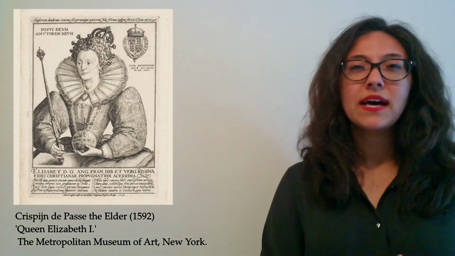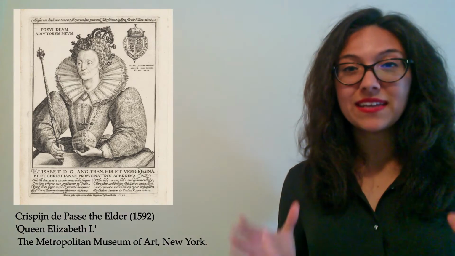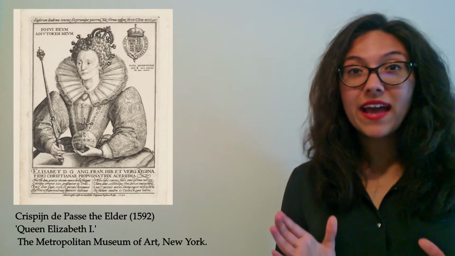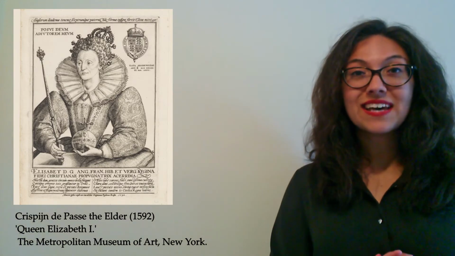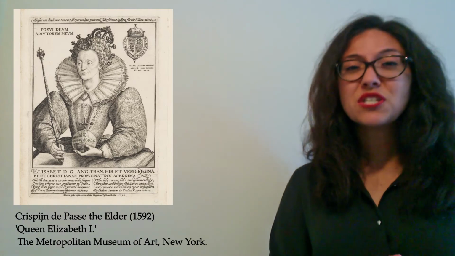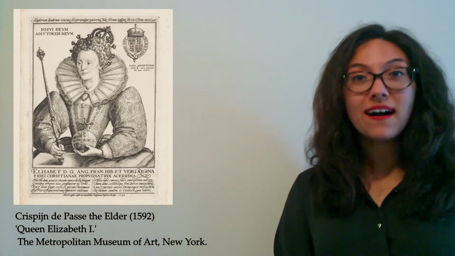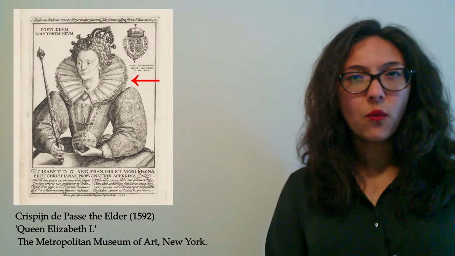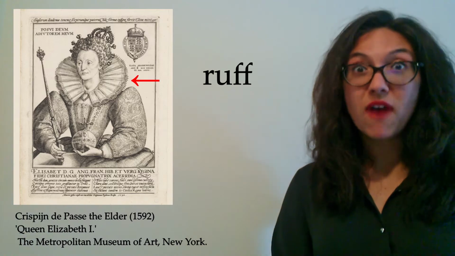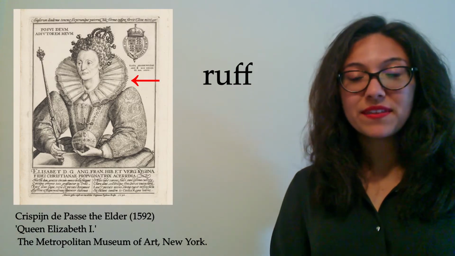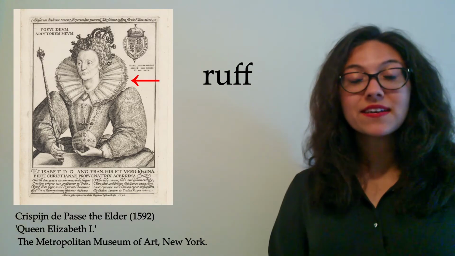But what can we learn about life in Elizabethan England just from this one engraving? Well, first of all, let's have a look at her clothes. Now, she's wearing something rather large around her neck. Can you see it? What is it? Well, that is something called a ruff. And in Elizabethan England, it was the height of fashion.